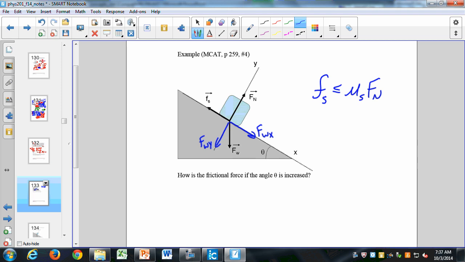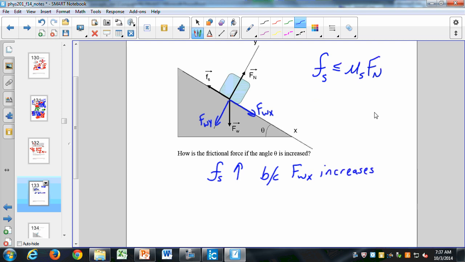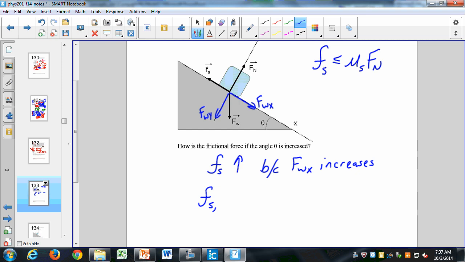So the frictional force will increase, right, because Fwx increases. However, the maximum static frictional force will actually decrease because Fwy, or the normal force, those are the same, is going to decrease.